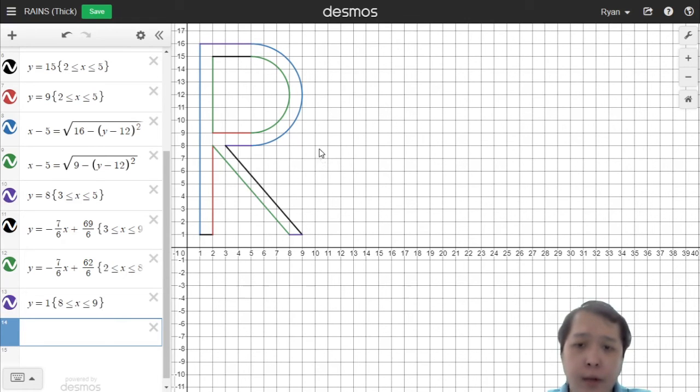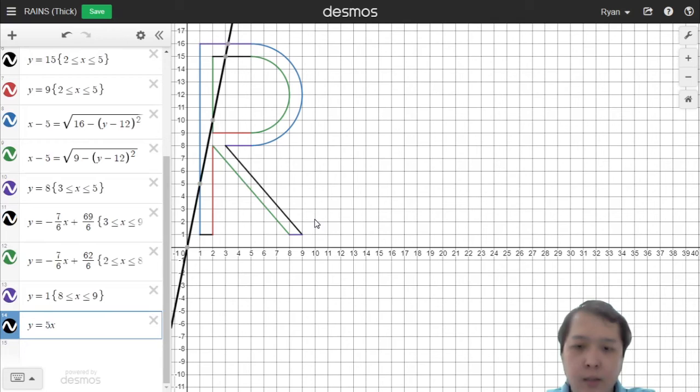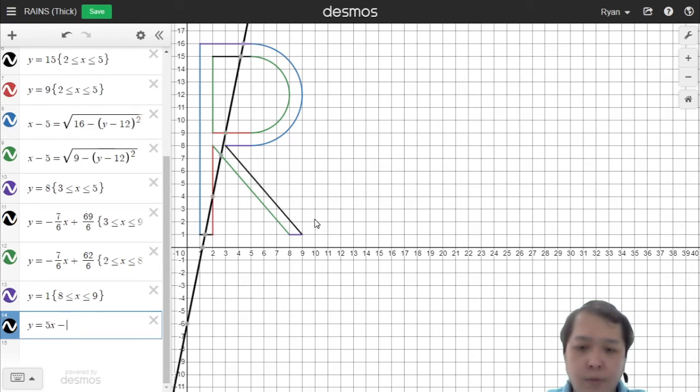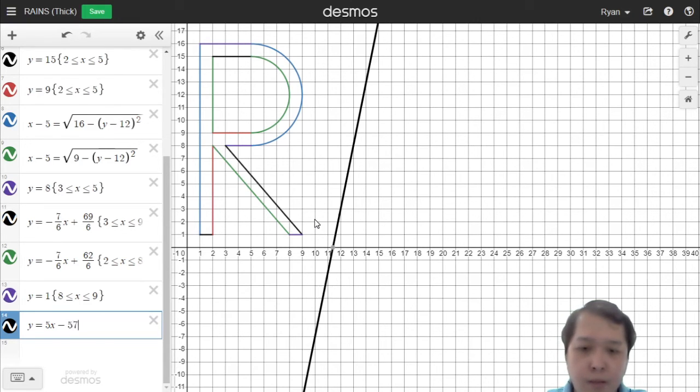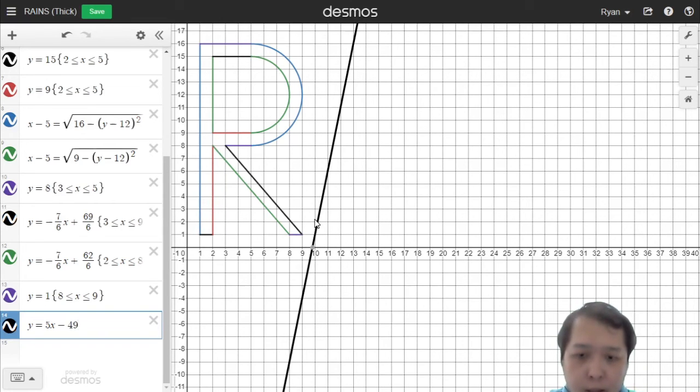Now we go for A. Start here. The gradient is 5, so it's 5x. Oh, it should be minus a lot, 60 maybe. 60, 55, 57, wait, 55, 50, 40, 48, 49.